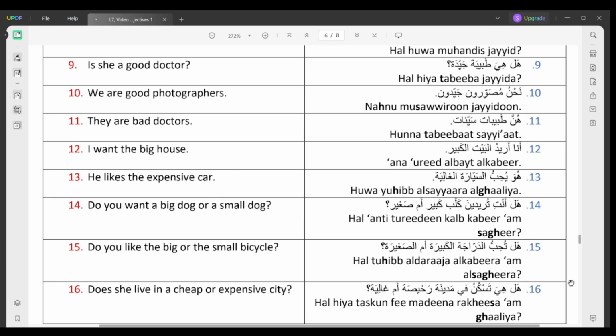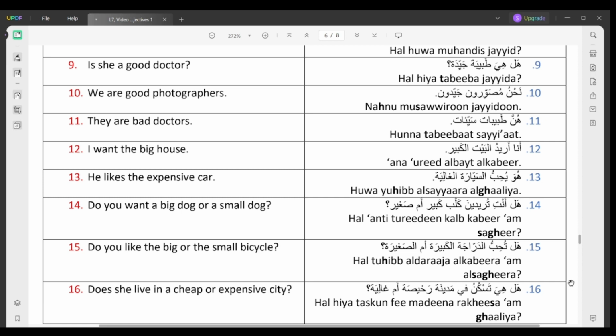Number 11, they are bad doctors. Number 12, I want the big house. Number 13, he likes the expensive car.